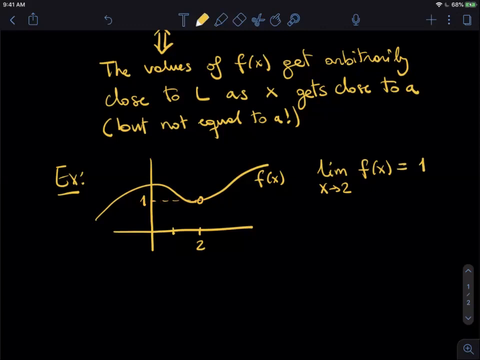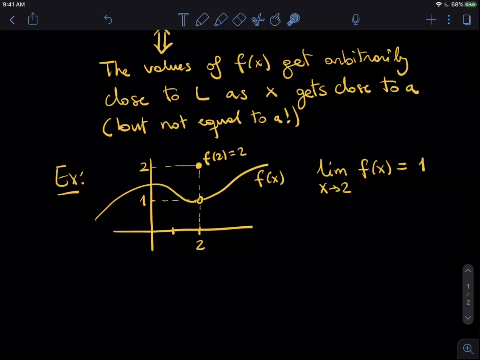But careful here, because let's say this is 2, and I define f of 2 to be equal to 2. Does anything change here? Let's look at the definition again.